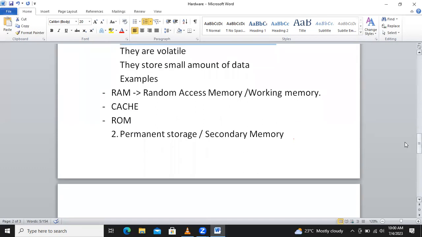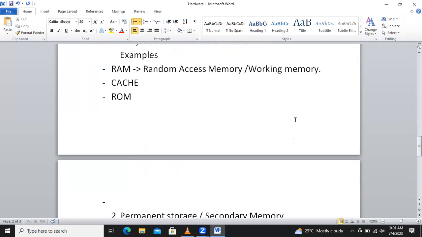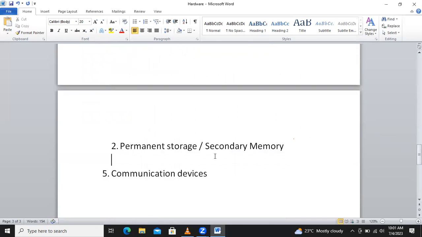Then we go to this permanent storage memory, which is the second type of memory. For this, they retain data even in the absence of electricity.